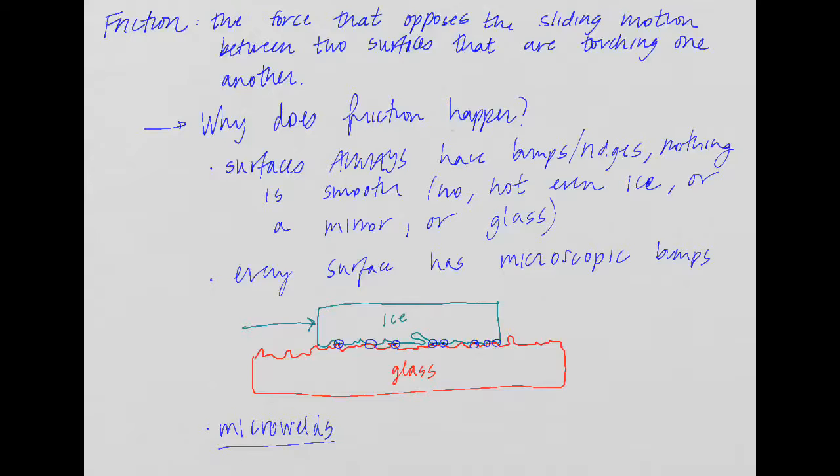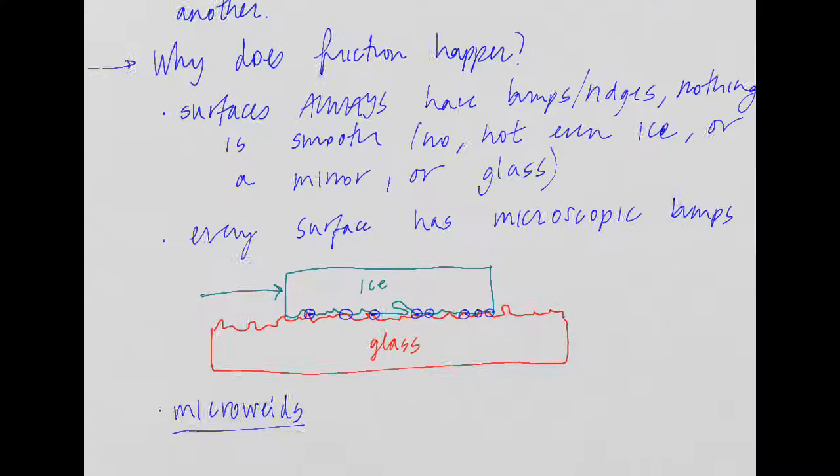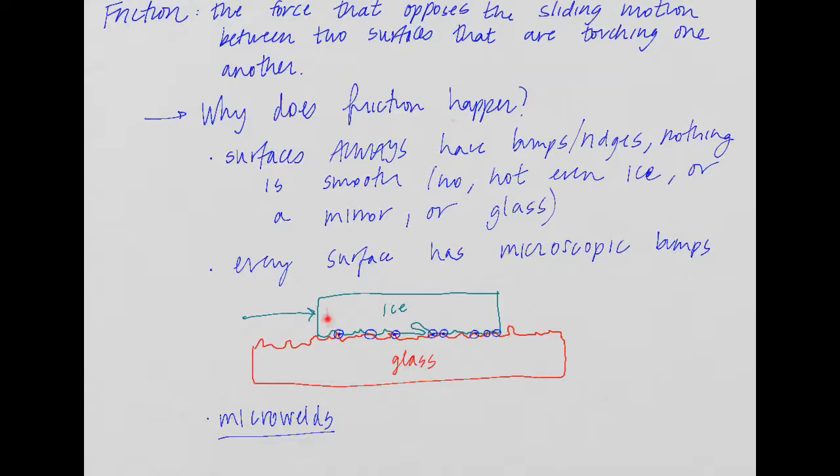The reason that it happens is because these surfaces that are pushing on each other, even if they look super smooth, and even if they look like there's no way there could be a bump or a ridge on there, like glass or a mirror or ice, those look so smooth and perfect. But really, at the microscopic level, we have bumps. Remember, the example I gave you was of ice and glass rubbing against each other.